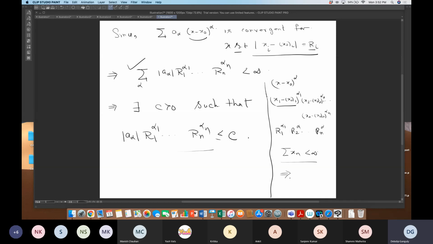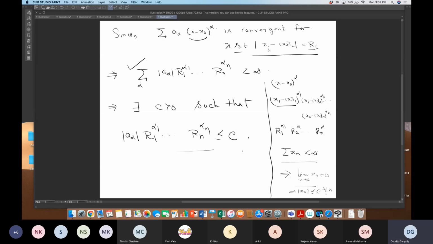This implies limit xn tends to 0, and that implies boundedness. Is that clear? Yes or no?